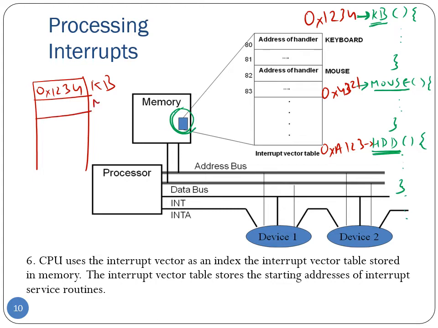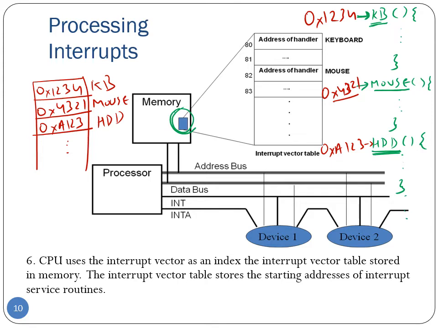Similarly, for mouse, you'll have an entry of this address hexadecimal 4321. For the hard disk, you will have an entry hexadecimal A123, and so on. And a very nice thing about this table is you don't really need to search in this table for the address of the interrupt handler that you're looking for.